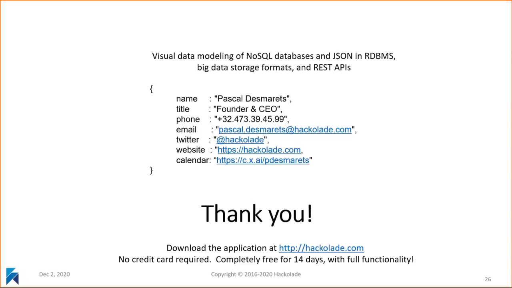And Pascal, does Hacklite handle semantic synonyms between tables? For example, the equivalent meaning of differently named labels and ontologies? So let me be careful about this. You can create user-defined properties in Hacklite where you can store all kinds of different things.